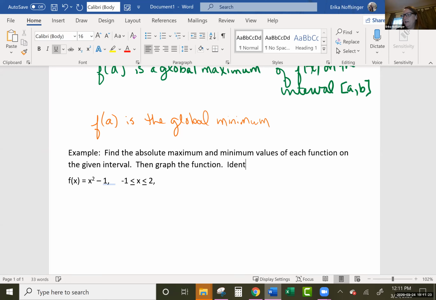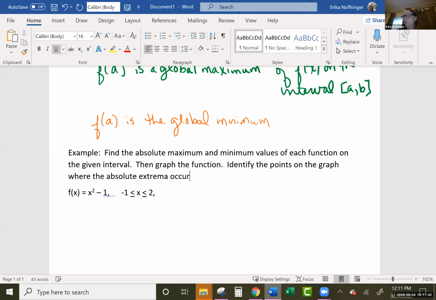Identify the points on the graph where the absolute extrema occur, and include their coordinates.